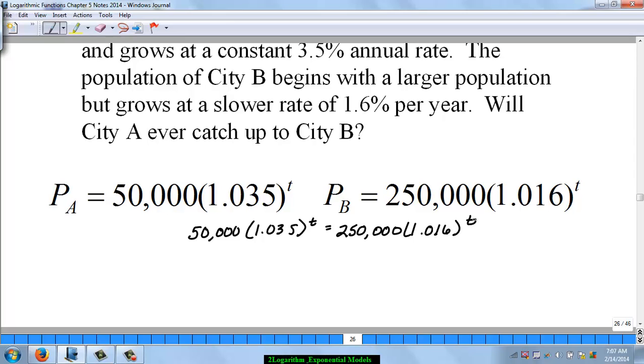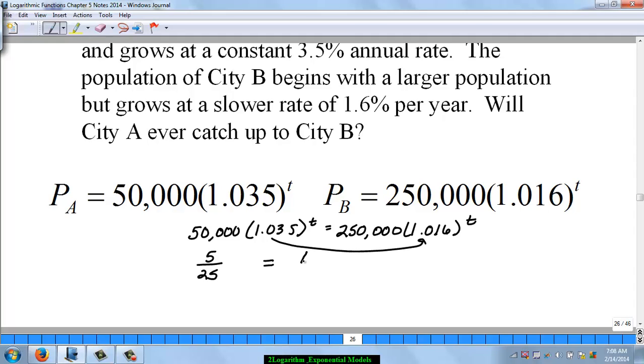So once it's like this, there are several ways that we can do this. We can go this way and divide them out. So I'm going to just divide by 250,000 each side. When I divide by 250,000, I have 5 over 25. That reduces down with all those zeros. Equals, and then I'm going to take this and divide it over here.